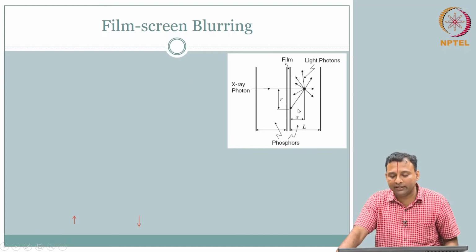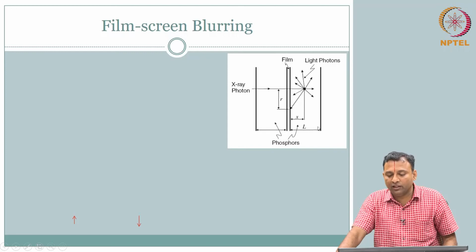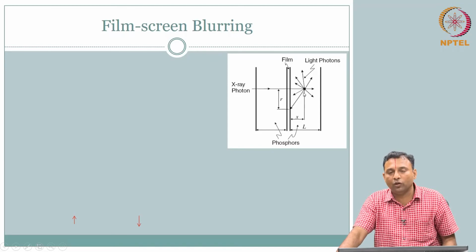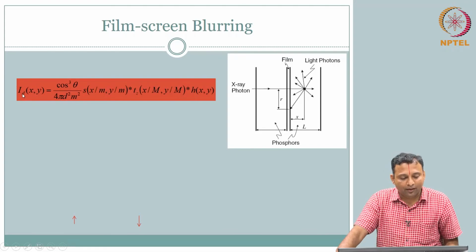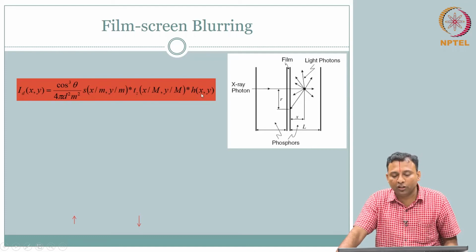So clearly you can see the effect of this geometry, right? The thickness of the film screen has an important role to play, correct? So you can update your imaging equation with just this convolution of h of x comma y.